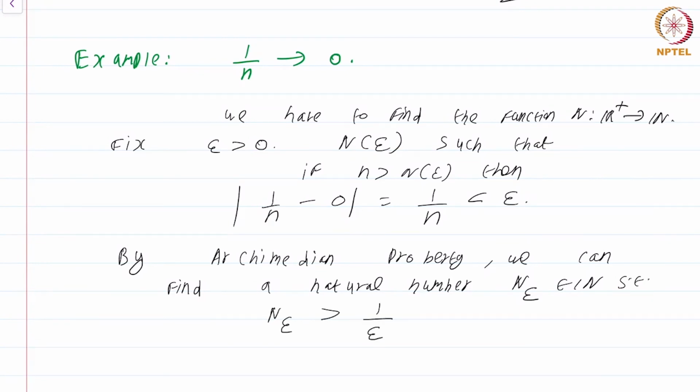In other words, 1 by N epsilon is less than epsilon.